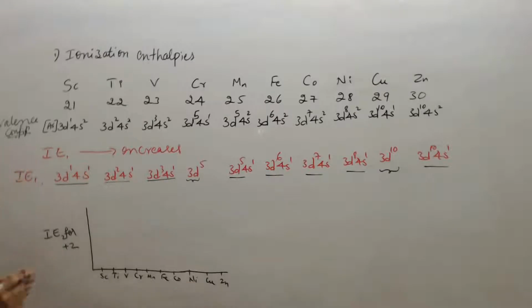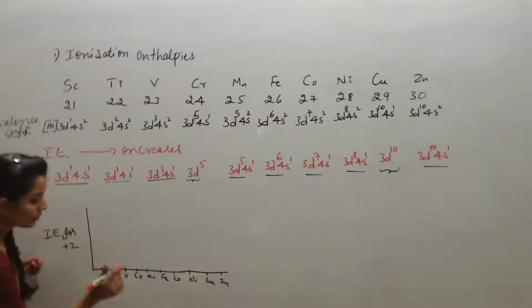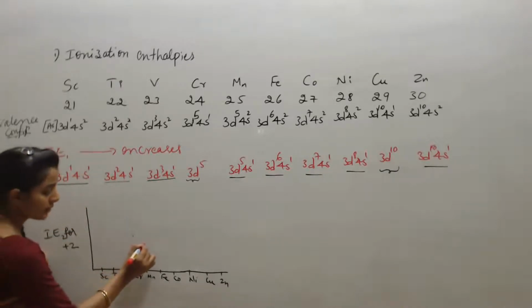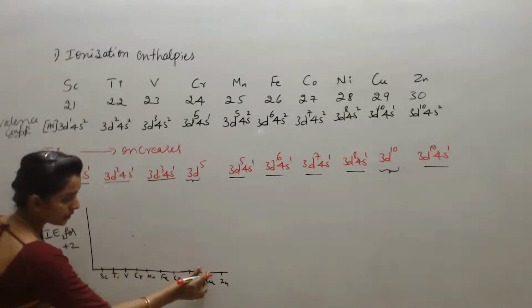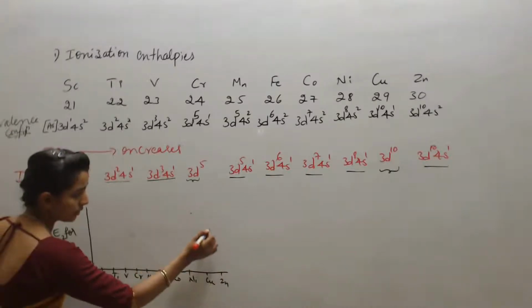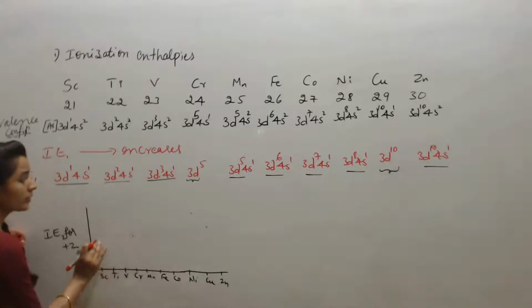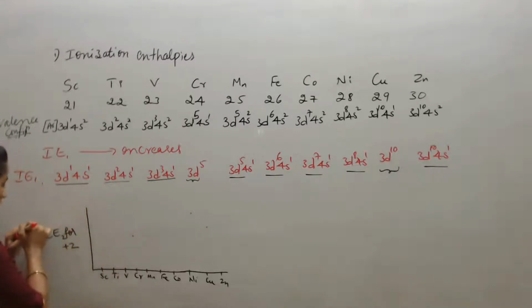Okay, so what happens to the trend up to chromium? Again this is manganese. Next copper, zinc.